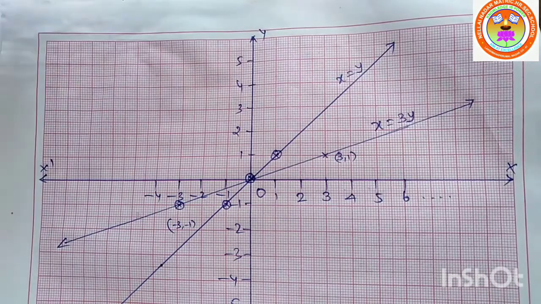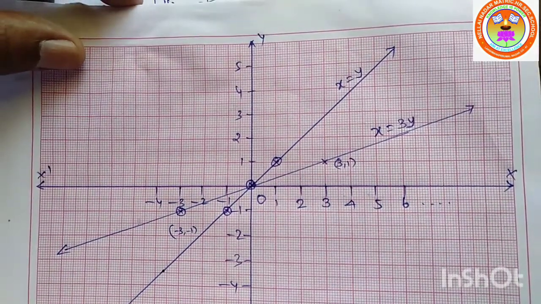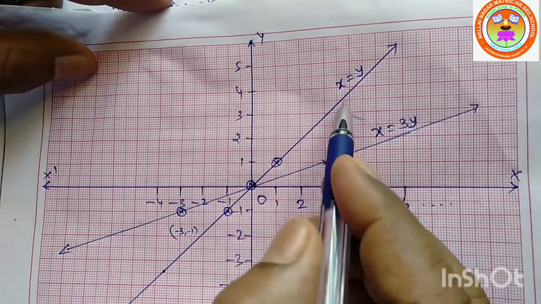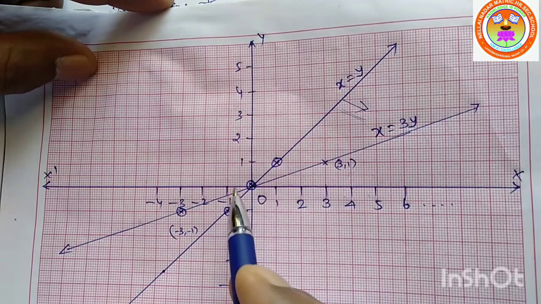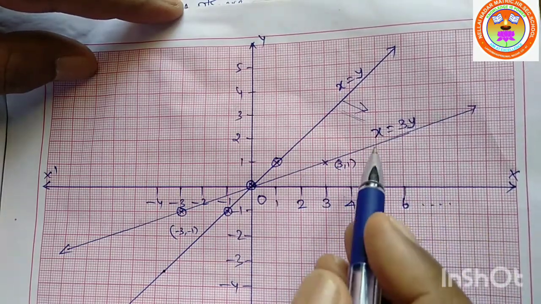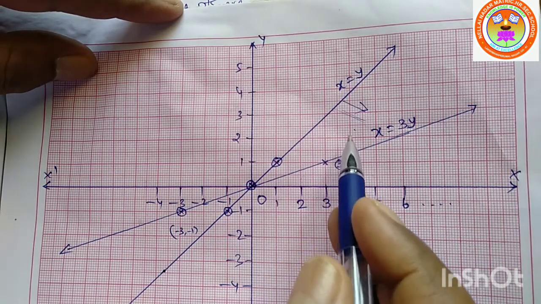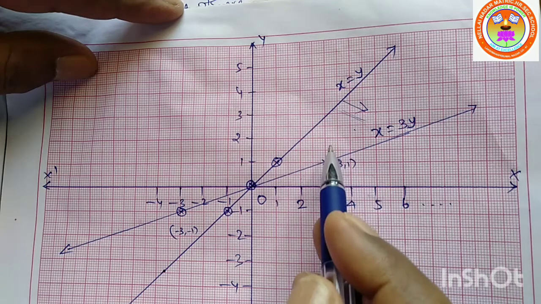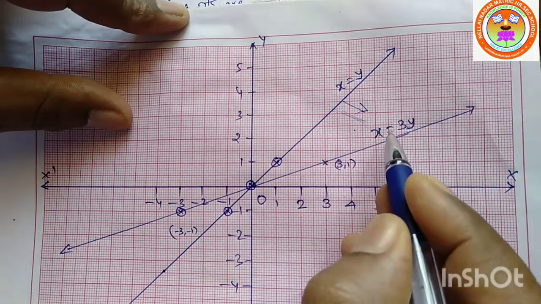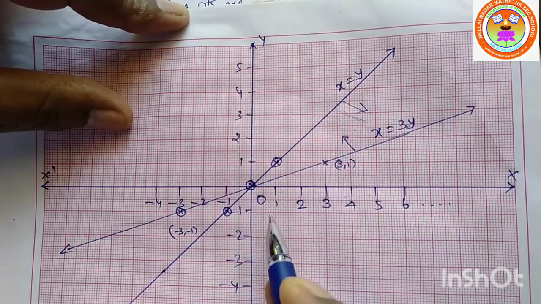But what is given in the question? X is less than 3y, which means the left side of that line.